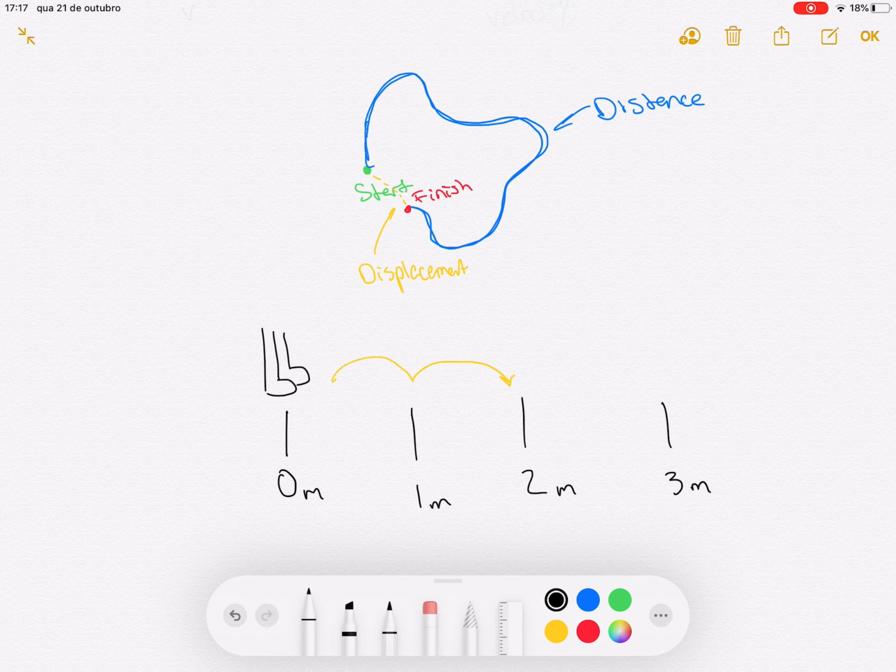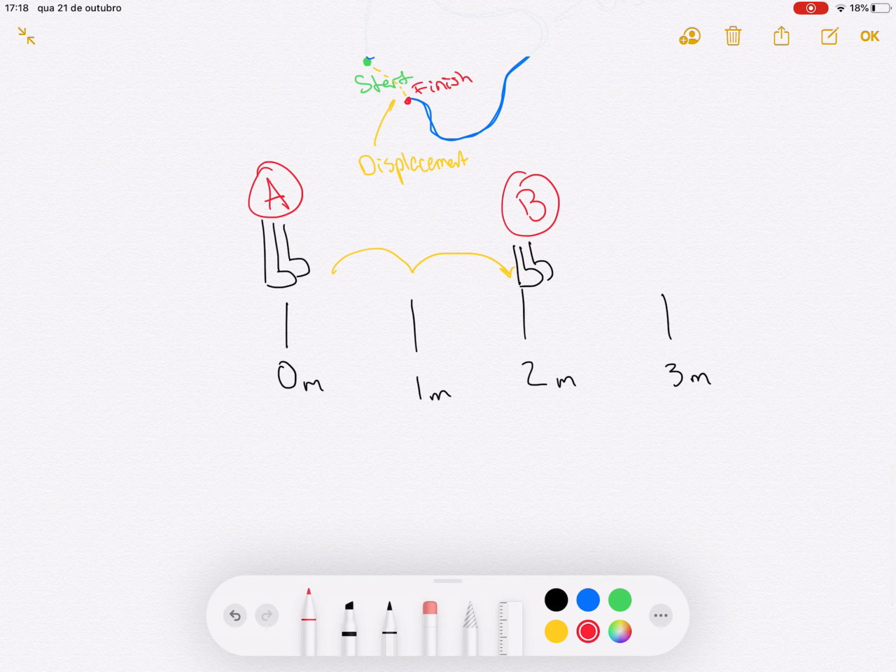So now, you're here. So this is point A, and this can be point B. And then, you decide that you want to go back, and so you go back here. And then, you're over here. And this can be point C.